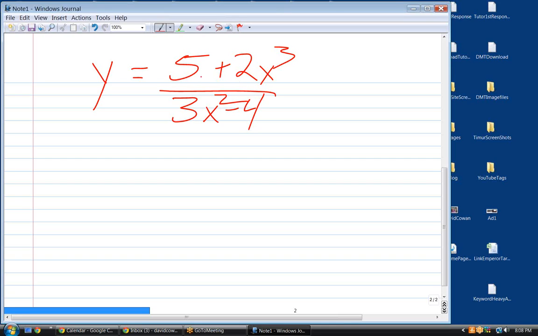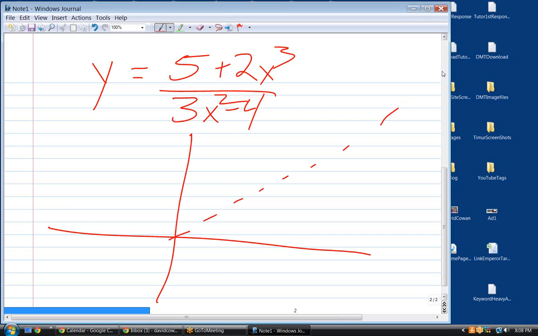If we divide this into that, we will get a linear function with a remainder. The linear function is the equation of the oblique asymptote. And usually it looks something like that. And then you might still have a vertical asymptote, and your function might look like this.